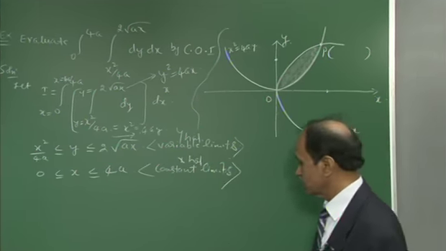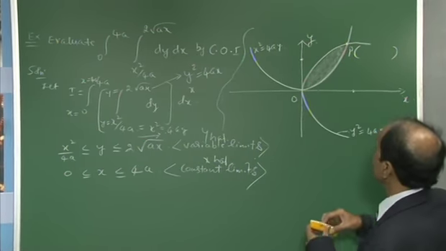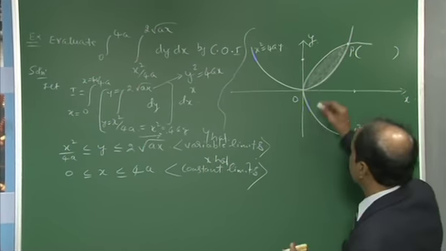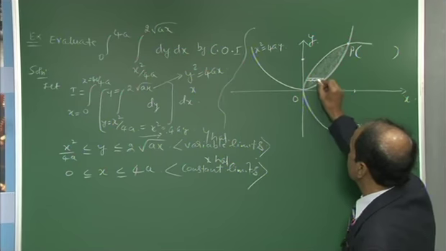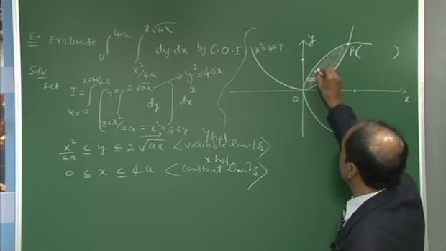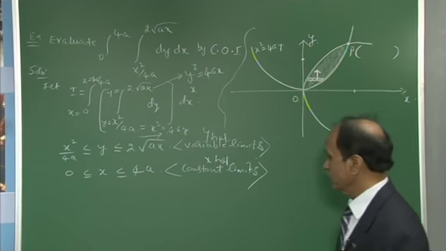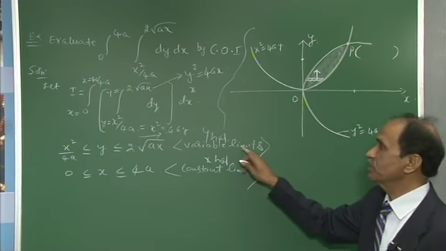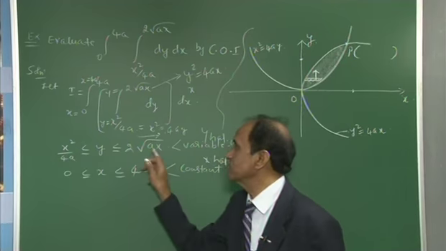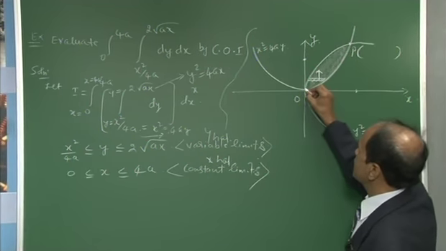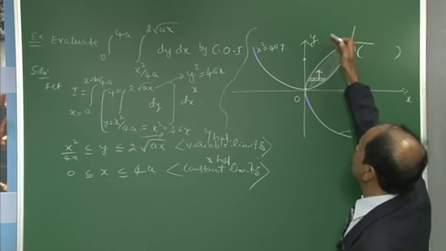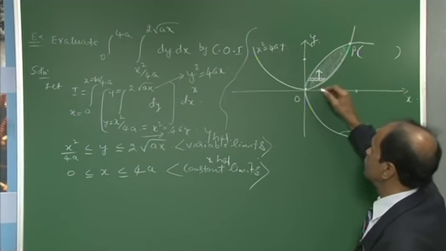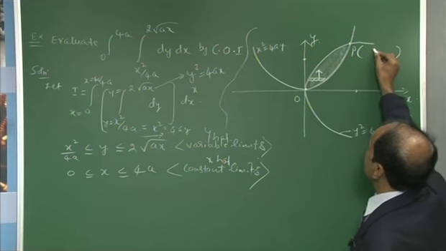That means if I take a strip, this problem clearly gives, according to the limits, a strip which is moving up and down, because variable limits means y varies between these two. It starts from the origin, and it will move in this direction, but how it moves depends on how this parabola takes its shape.